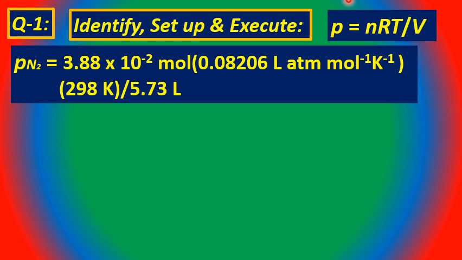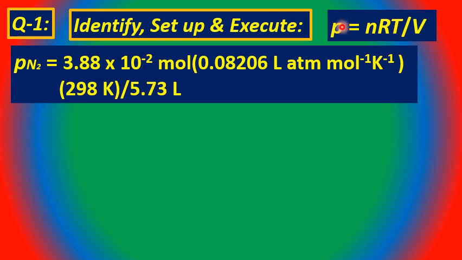So we multiply that by the universal gas constant, big R, equal to 0.08206 liters atmosphere per mole per Kelvin, and then multiply that also by the absolute temperature of 298 Kelvin.